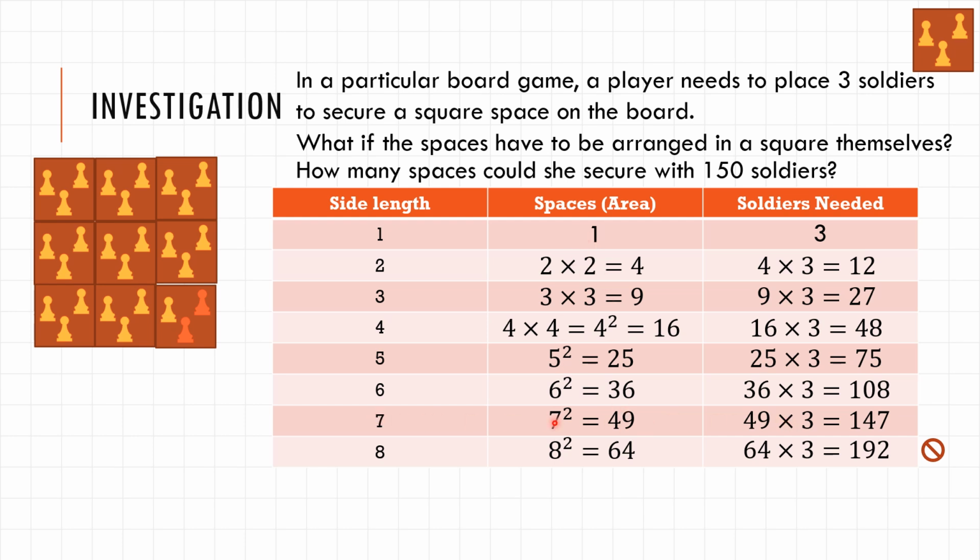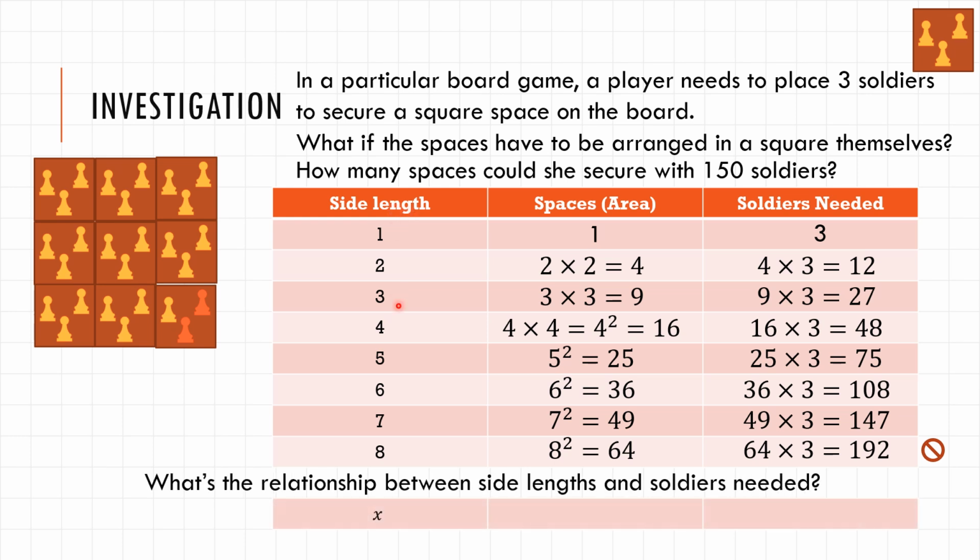Remember, the more important thing, besides the fact that she's trying to find out how many soldiers she needs, is we are establishing that these patterns can help us solve problems. We are trying to examine here, what is the relationship between the side length and the number of soldiers needed?